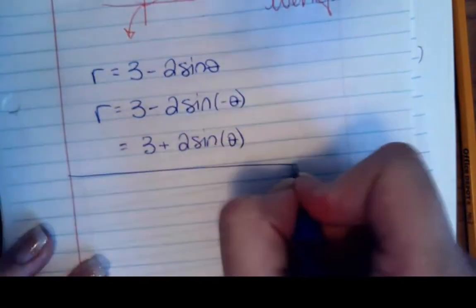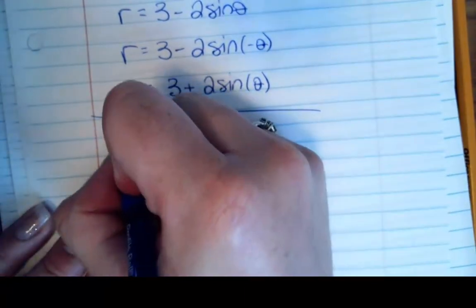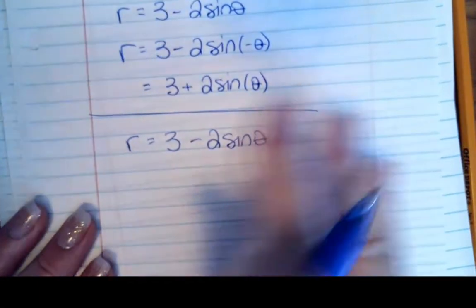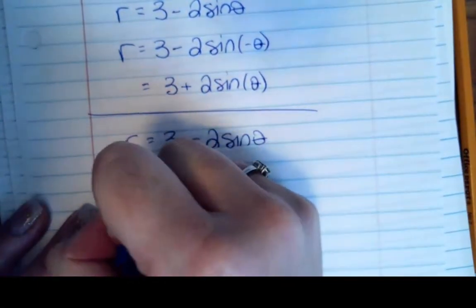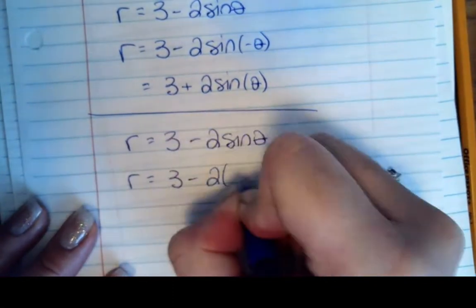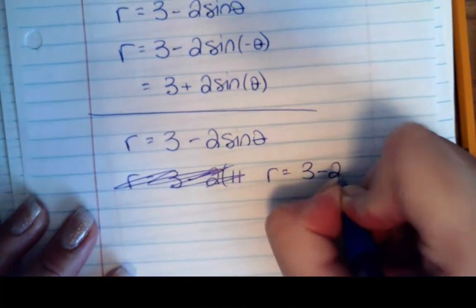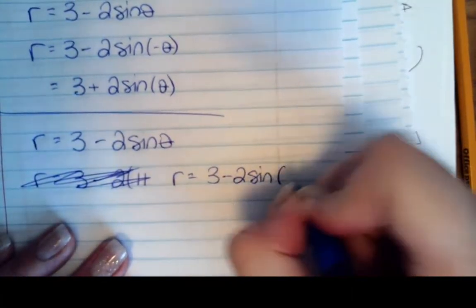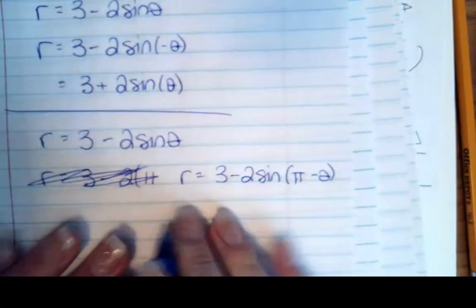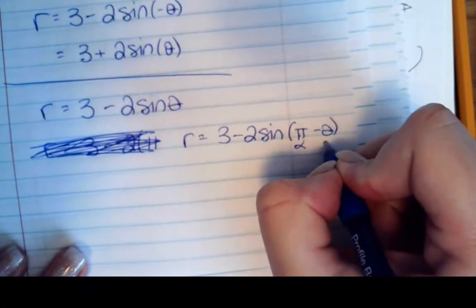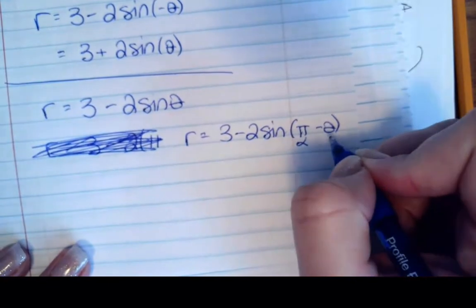So what happens if we want to test for symmetry about the line theta equals pi over 2? Start with the same thing. So 3 minus 2 sine theta, but we're going to swap it out for a pi minus theta. So r equals 3 minus 2 times the sine of pi minus theta. So I notice I've got a sum and difference identity. So this is going to be my alpha, and this is going to be my beta, which I'll leave as theta.